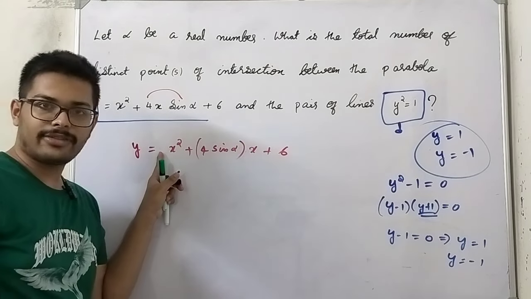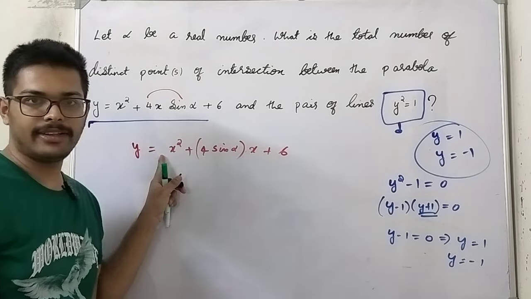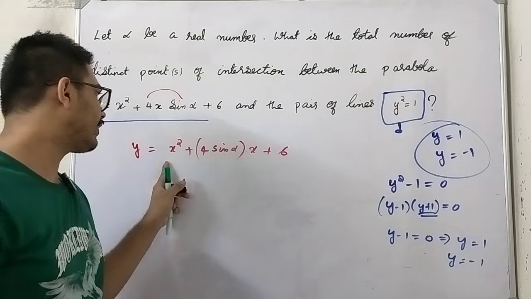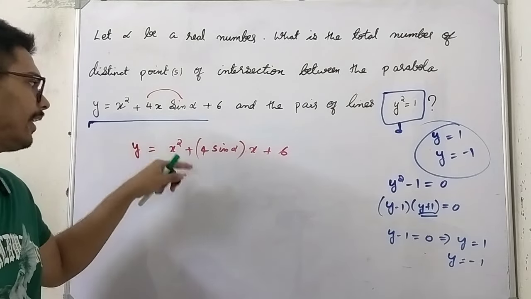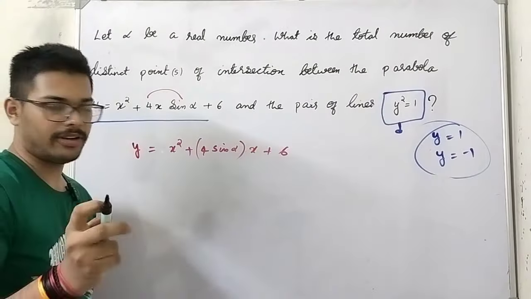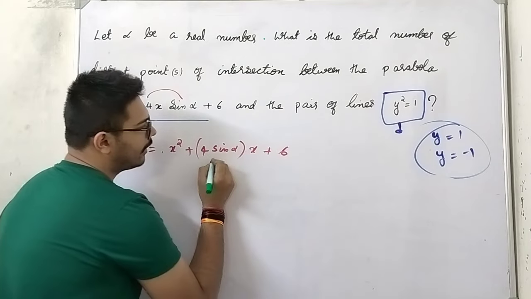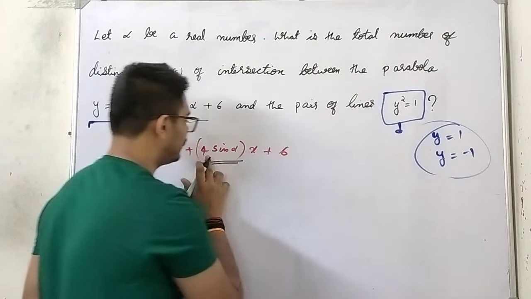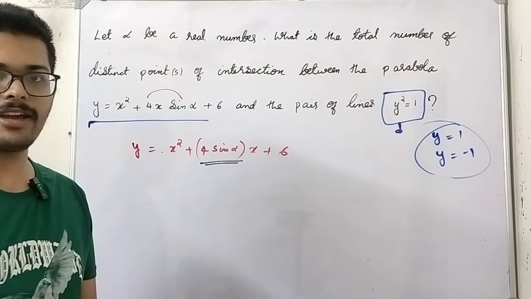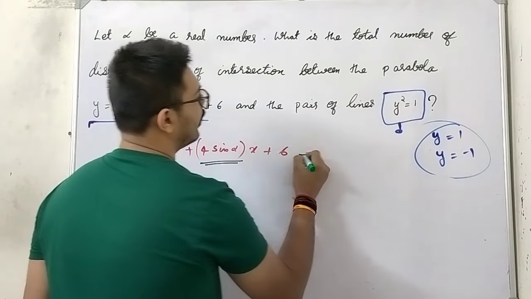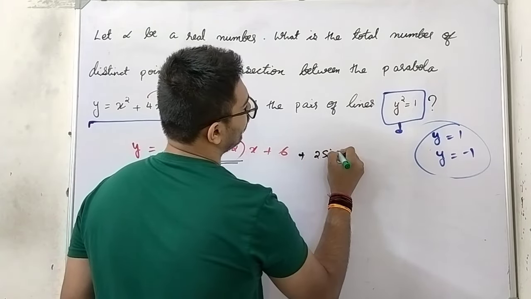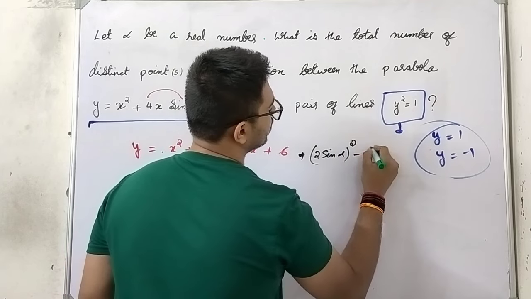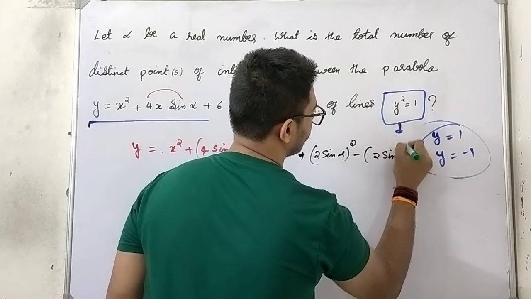If the coefficient of x square is 1, we can complete the square easily. If it is not 1, make it 1 by taking the value common. Then take half of the coefficient of the x term. Half of 4 sine alpha is 2 sine alpha. Take the square of 2 sine alpha, and add and subtract it.